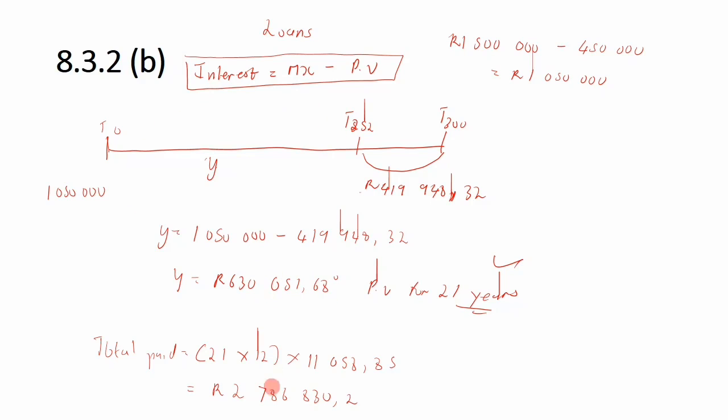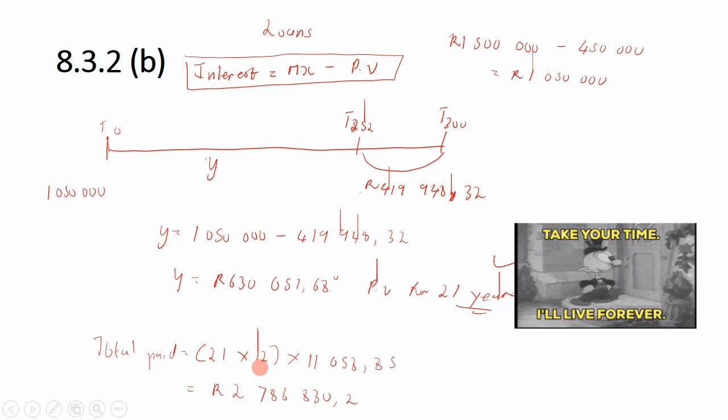Now we want to see the interest, right? What is the interest? What is the amount that he pays extra? So we now say interest is equal to nx minus PV. Now we have that 2,786,830.2 minus the present value, which we calculated to be 630,051.68.